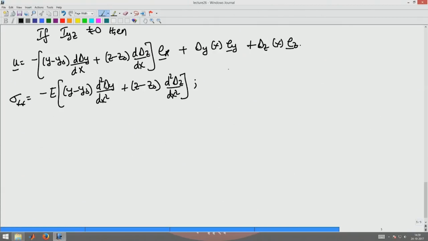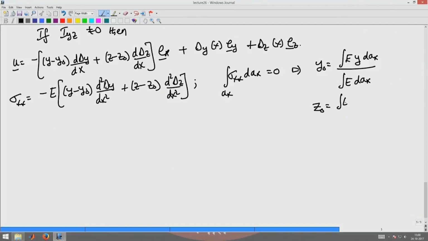Okay. And then the condition that integral sigma xx dAx has to be 0 would imply that y naught is given by integral E times y dAx by integral E dAx. Here I have not assumed the beam is homogeneous. And my z naught would be integral E times z dAx by integral E times dAx.